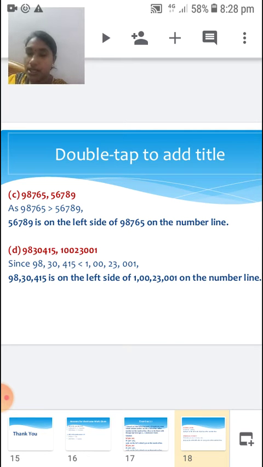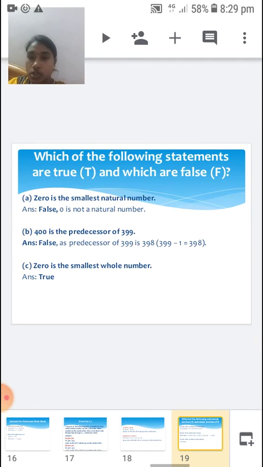So let me repeat. 1,23,001 will be greater than 98,30,415. Okay. So let's move on to the next sum.